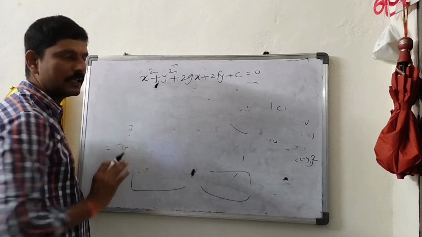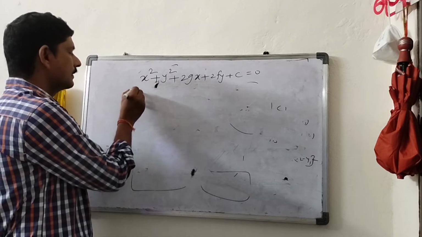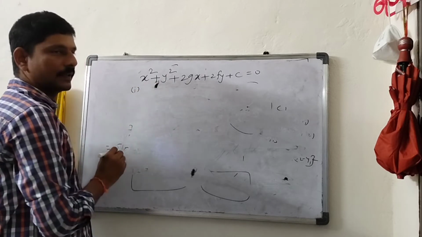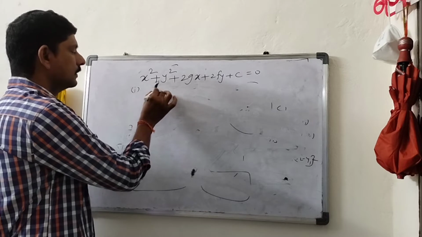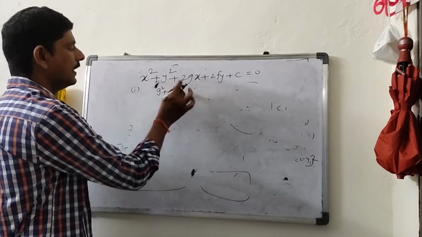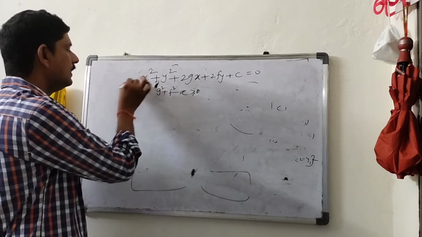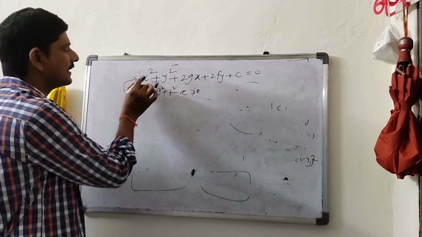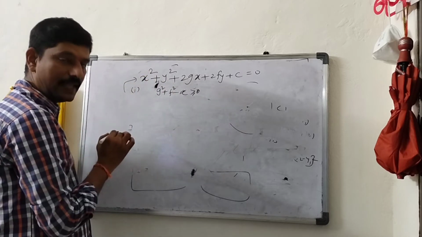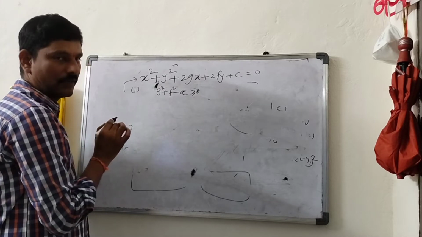Here two conditions apply. In general form, g square plus f square minus c greater than or equal to 0, then only it represents a circle. That means it is a second degree equation in x and y.